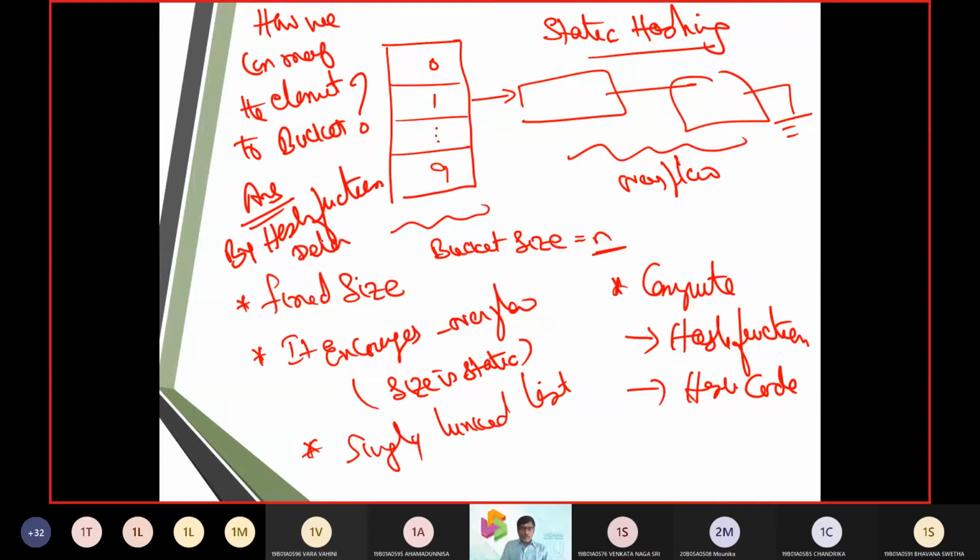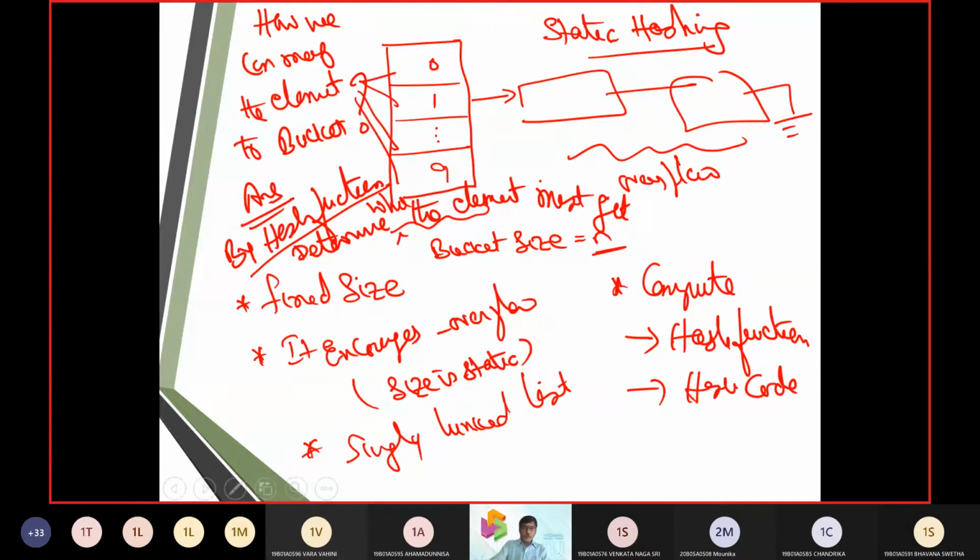We will determine where the element must fit. That is the key point we need to carry out. Once a hash function is generated, then we can map it to whether it is bucket 0, bucket 1, or bucket 2.